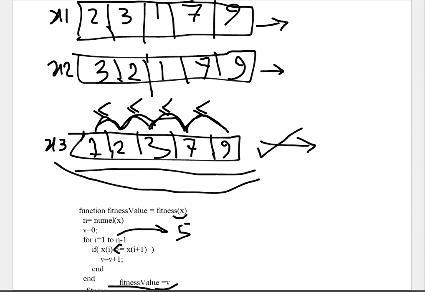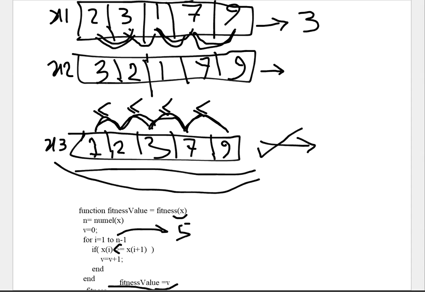For x1, it is 3, because 3 values are greater here, here, and here. Another value is not greater, not greater.